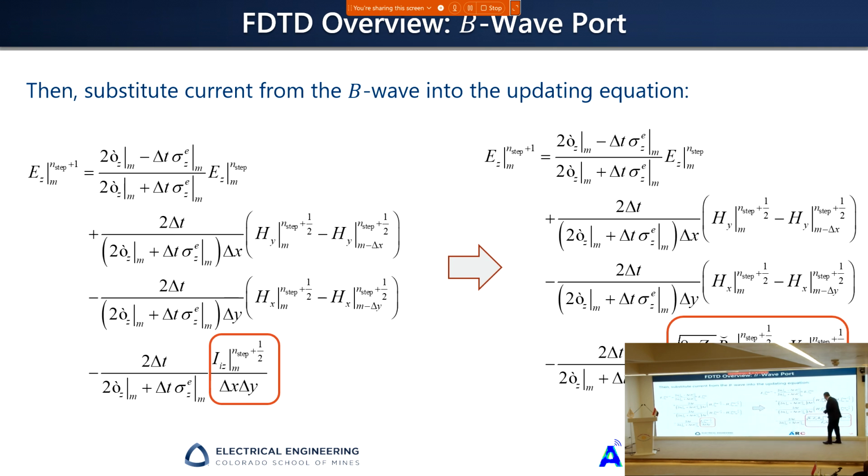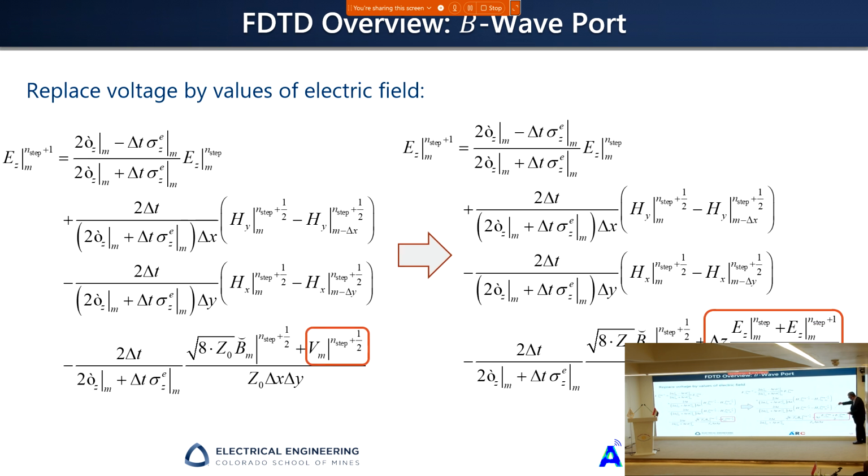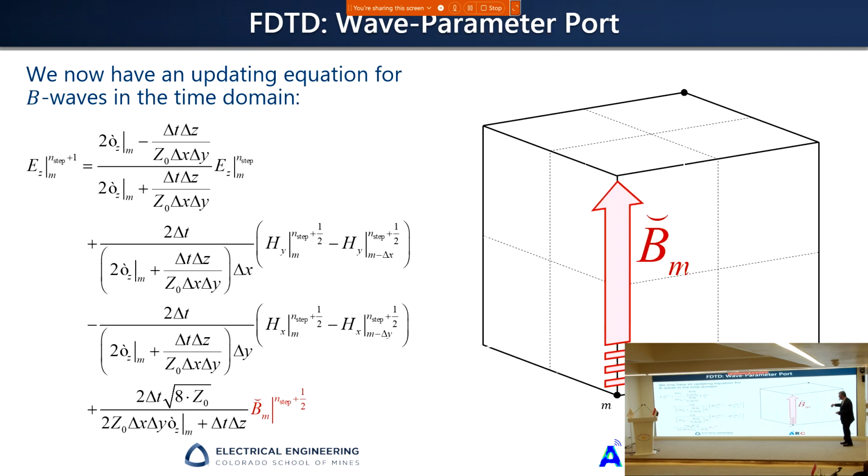And here the voltage is going to be replaced by electric field average. So it's the same equation. And then the final equation is going to end up with the updating of the electric field in terms of the time domain B wave that represents a large scale signal of a nonlinear device along this edge.